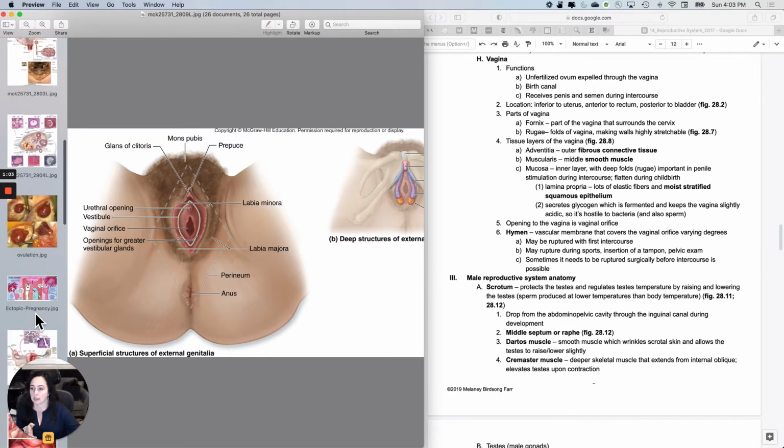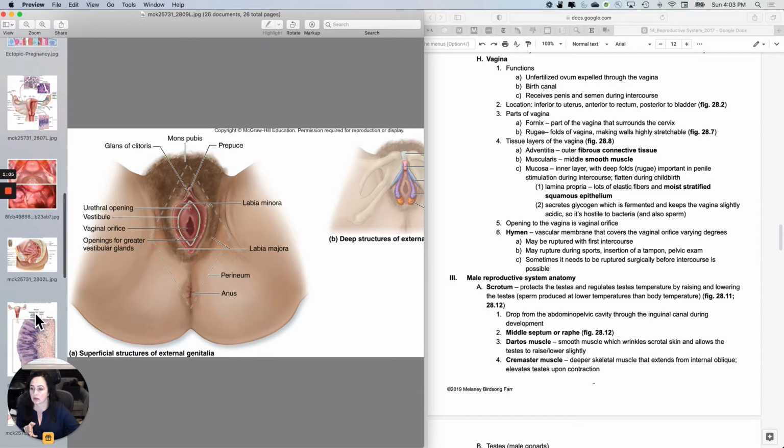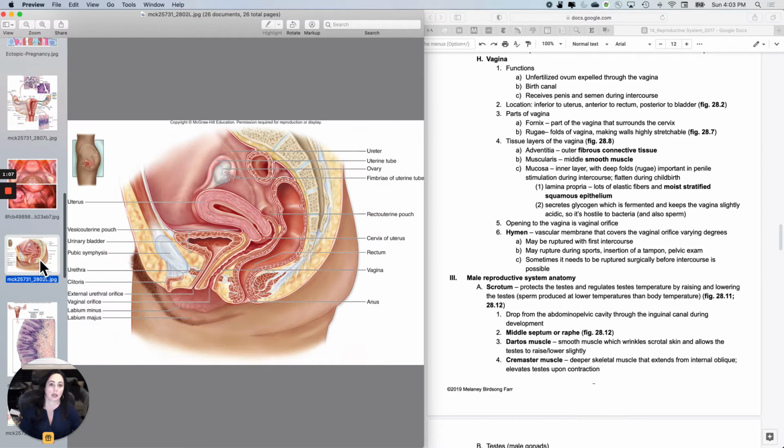Okay, now let's talk about functions of the vagina. If an ovum or oocyte is not fertilized, it's going to be expelled through the vagina, because it would have moved from the ovaries through the oviducts into the uterus, past the cervix, and then expelled through the vagina.